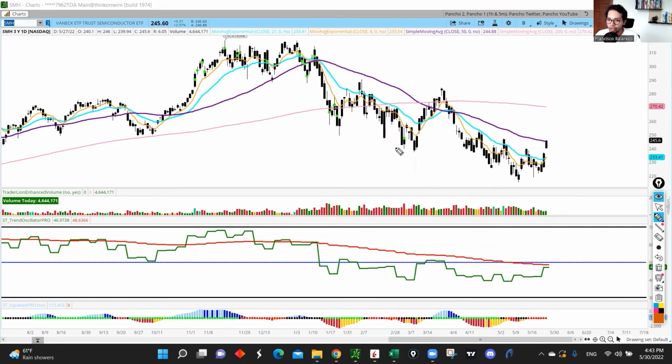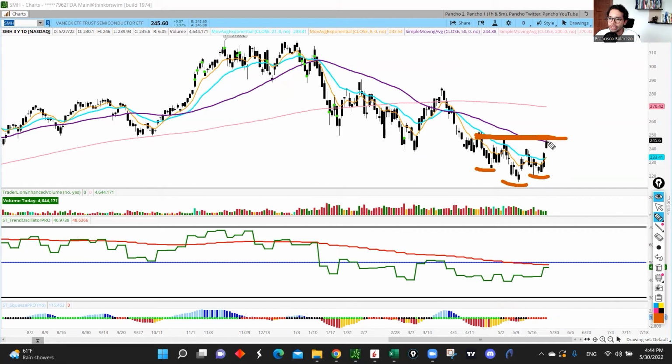However, you can see that the price continued to make lower lows, but the trend oscillator is actually trading sideways. It catches up with the red line, which is actually a bullish sign, and you can see that we have a squeeze, and of course, we kind of have this head and shoulders bottoming pattern, and of course we have the neckline somewhere around this level.